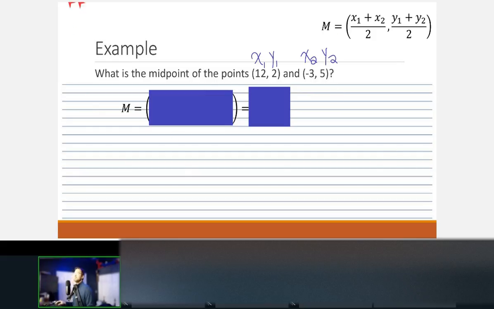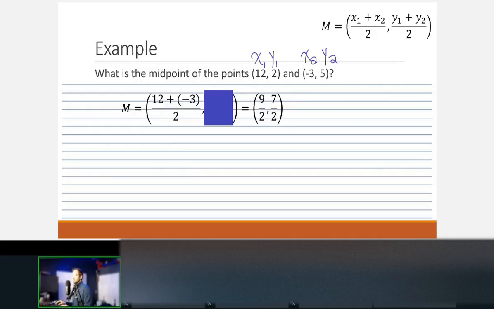All right, so let's take a look. The answer was 9 halves, comma 7 halves. And we set it up, right? We have 12 plus negative 3 all over 2, and then we're going to have 2 plus 5 all over 2. So this is why we label stuff.